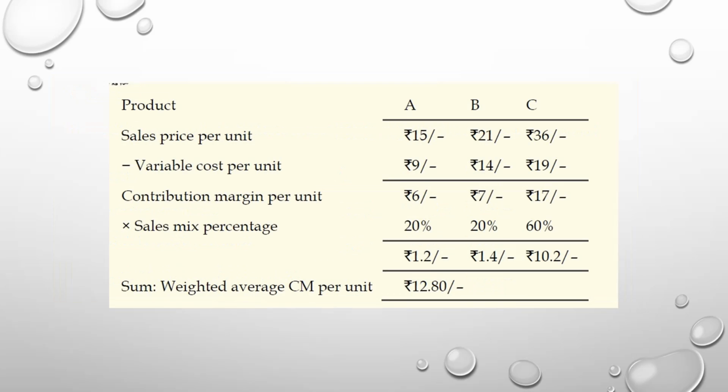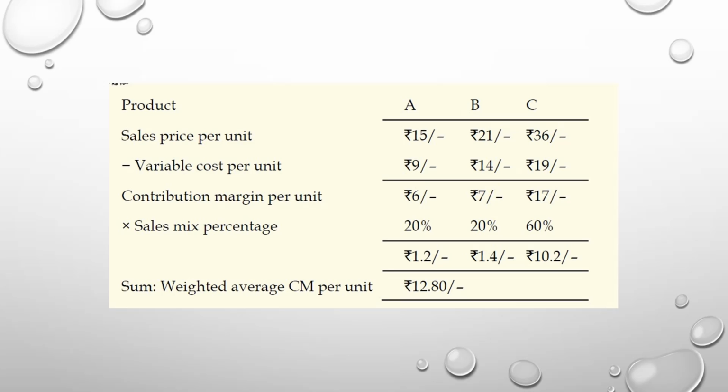Step 2. Now we want to calculate the weighted average contribution. For this, we have to multiply the contribution margin by the sales mix. In the first step we got the contribution as 6, 7 and 17. Now we multiply with the sales mix percentage, which is already given in the question as 20 percent, 20 percent and 60 percent.